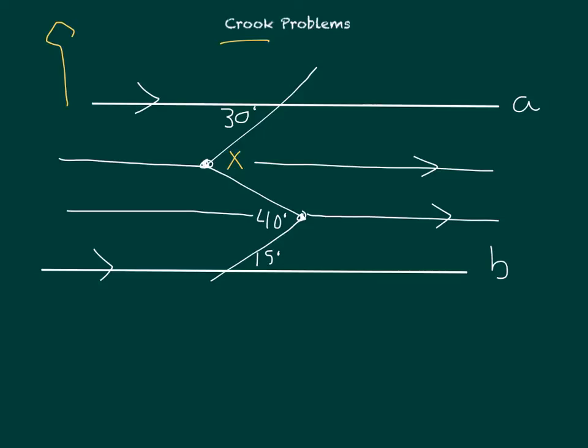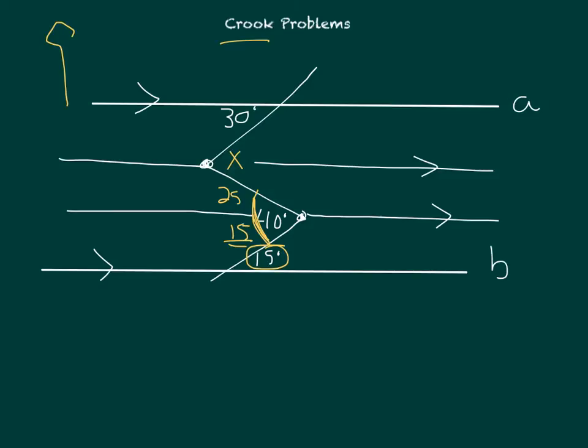angles, this angle X. Well, if I know this is 15 degrees here, then the alternate interior angle here will also be 15 degrees. Now I know that this entire angle was 40 degrees. So if this lower portion is 15, then the upper portion has to be 40 minus 15, or 25 degrees.